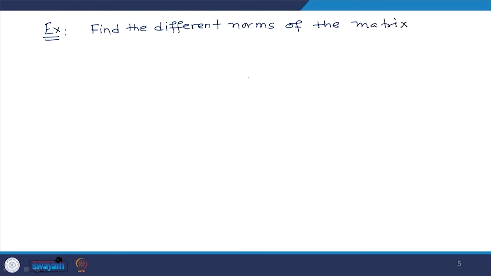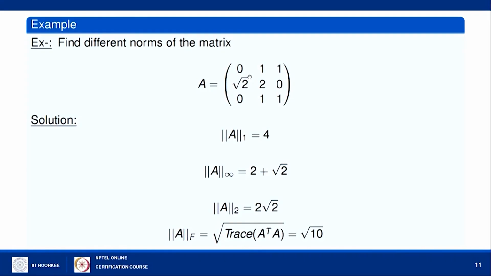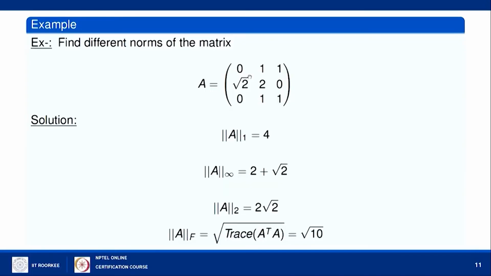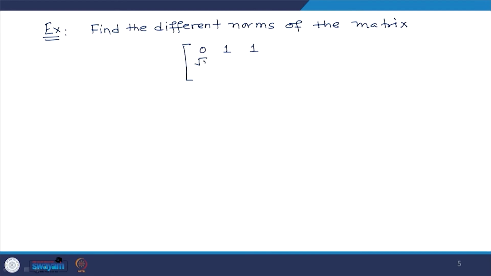And what are the entries of the matrix? The first row is 0 1 1, the second row is root 2 2 0, and the third row is again 0 1 1. So, let us say this is my matrix A.